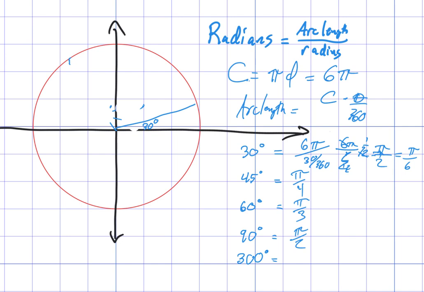So 30 degrees, 45 degrees, so this is pi 6ths, pi 4ths, 60 degrees, pi 3rds, this is pi halves. And then you do this one, halfway out is the 45. I'm getting really sloppy with my lines. And then it would carry on in terms of those same fractional increments as it goes up.